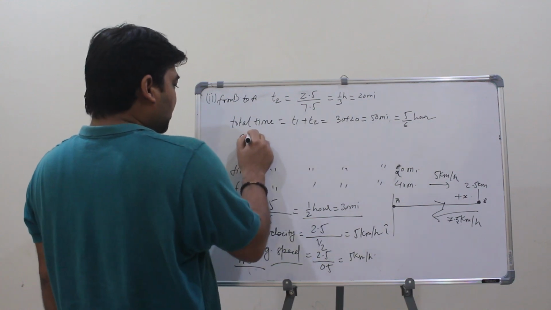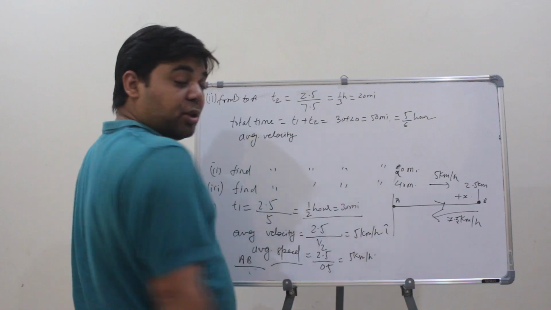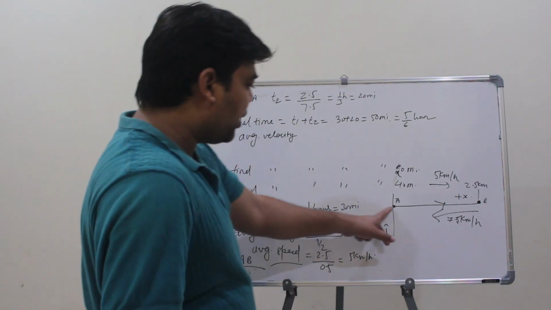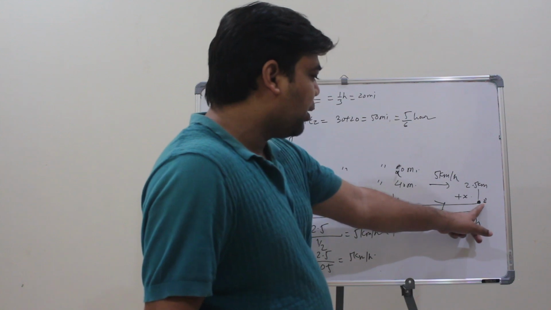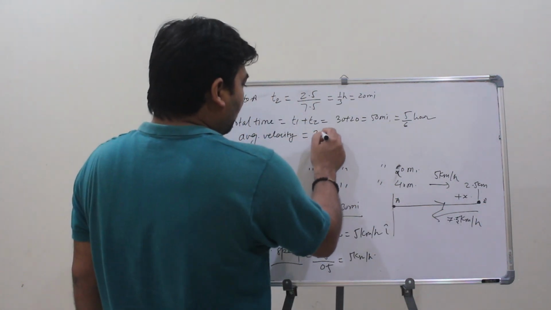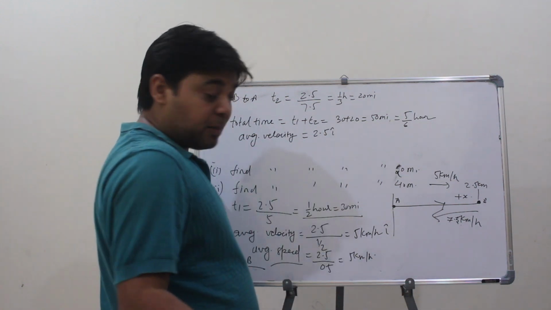Now average velocity. Here comes the important role of displacement. You see, when he goes from A to B, the displacement is plus 2.5 kilometer, so 2.5 kilometer in i cap direction, if I am taking i cap.